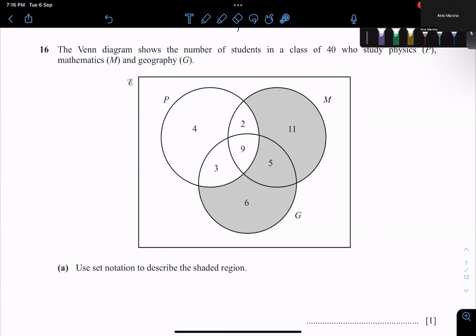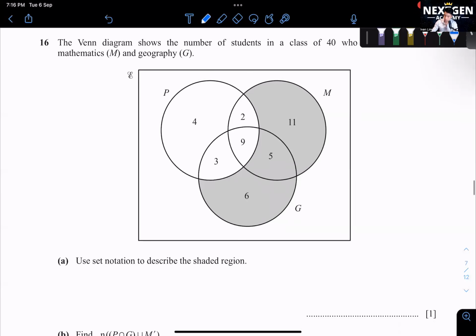So P prime. M union G intersect with P prime. P prime means not P, so anything that's outside P intersect with everything of M and G.